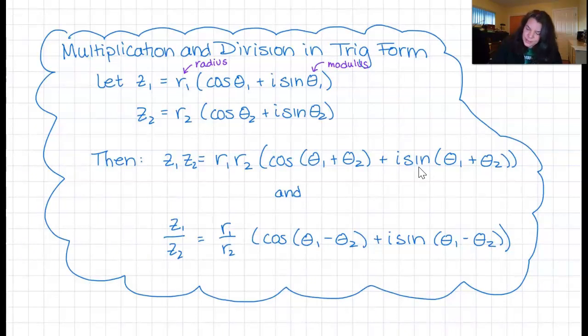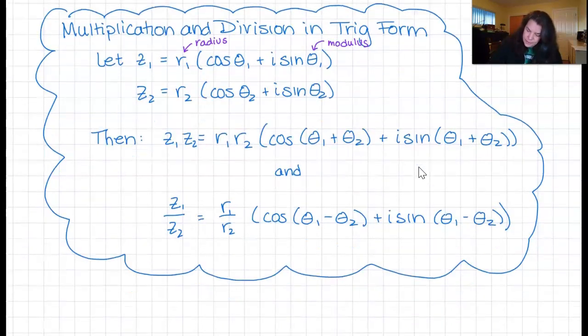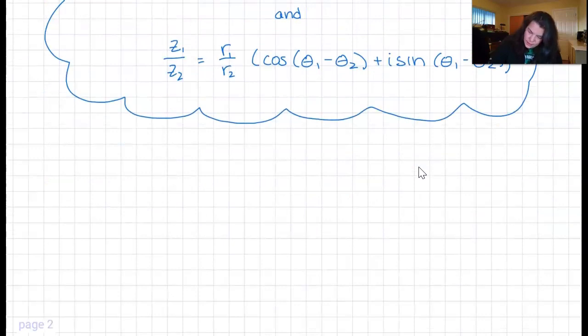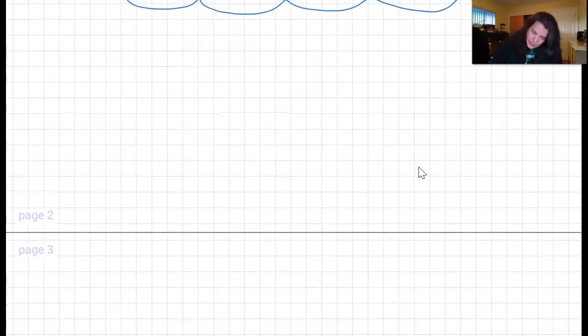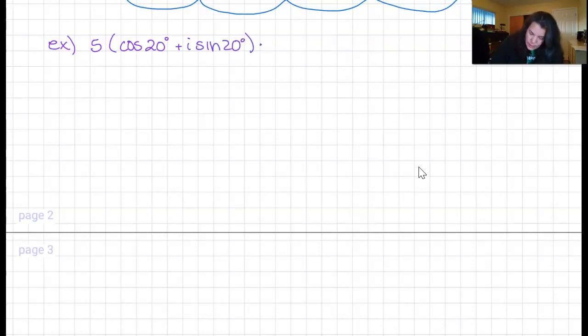Here's how great it is. Okay, so let's multiply 5 cosine 20 degrees plus i sine 20 degrees times 17 cosine 40 degrees plus i sine 40 degrees.